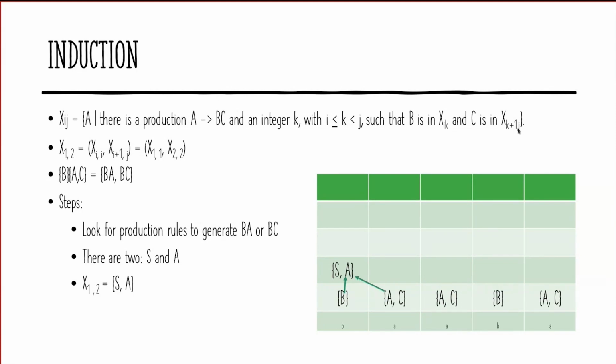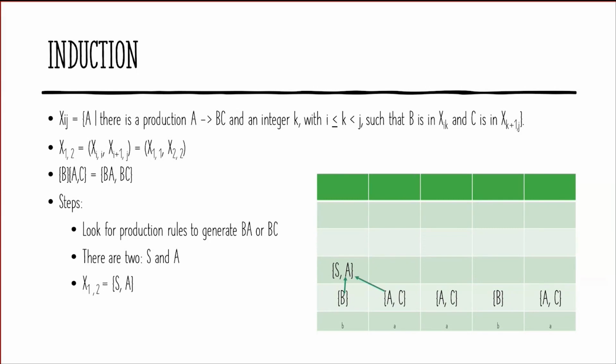So what this means is, if I want to produce a string x, suppose x12, then my string is of length 2. The unit rules of the form variable goes to terminal, I am not taking into consideration. I'm only taking into consideration rules A goes to BC, where A, B and C are all variables, and I'm exhaustively checking all the points where I can divide my string into two substrings.